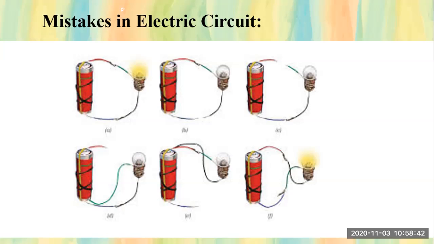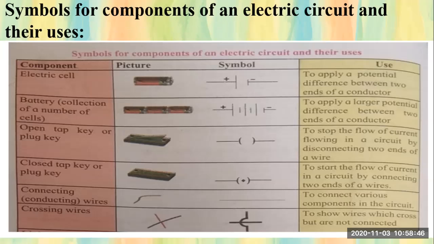Now we will go to our next point, students. Symbols for components of an electric circuit and their uses. Now see, what are the symbols of these electric circuit components and what are their uses? The first component is the electric cell.